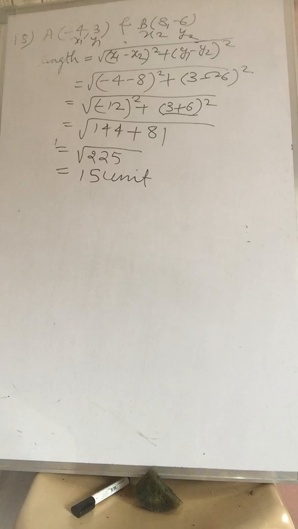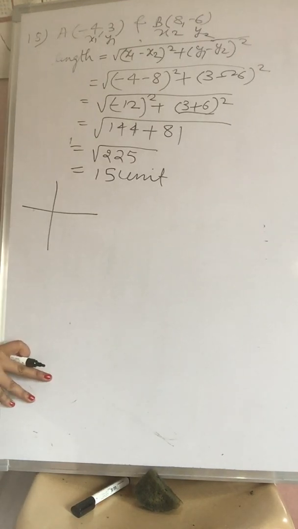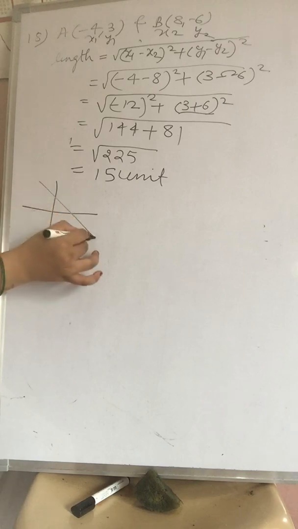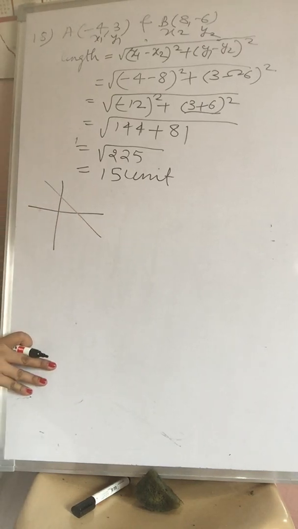In the second part, in what ratio is the line segment joining AB divided by the x-axis? When the x-axis divides, we have the coordinate axes and this line AB.